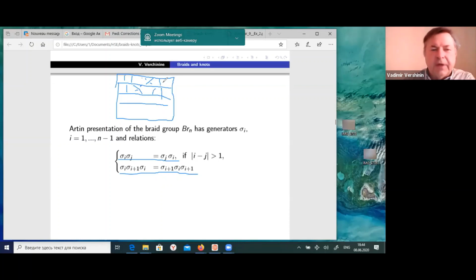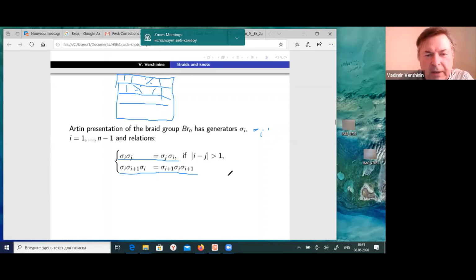This means that each braid can be written as a word in sigma i or sigma i minus 1. But if you have groups, you usually don't write that your group is generated by sigma i and sigma i minus 1. This is by default, as your group is given like here.